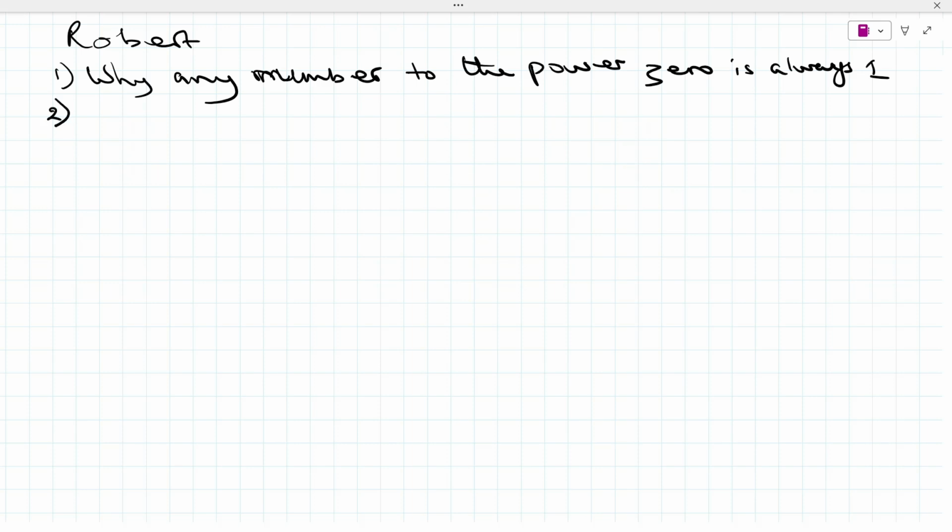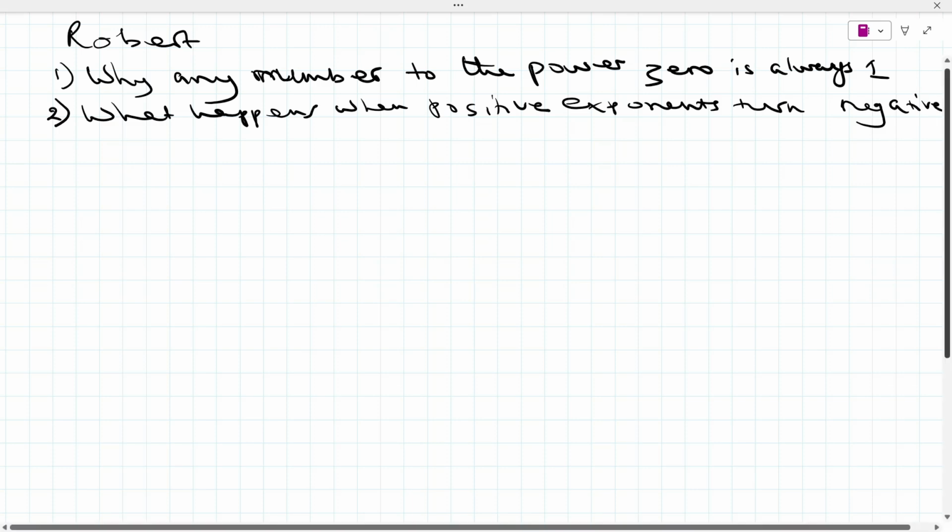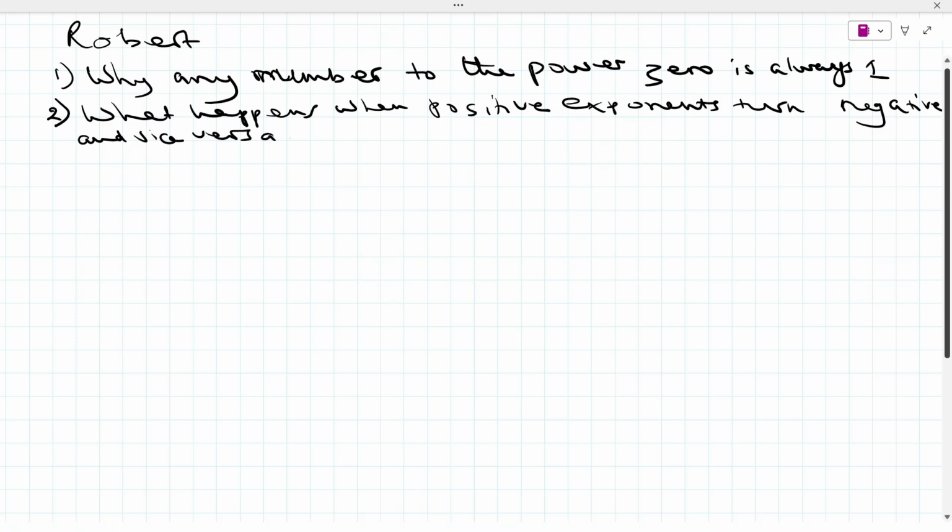And two, what happens when positive exponents turn negative, and vice versa. All right, let's dig right in.